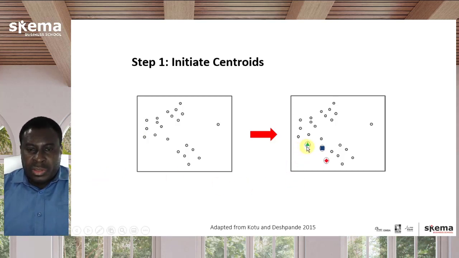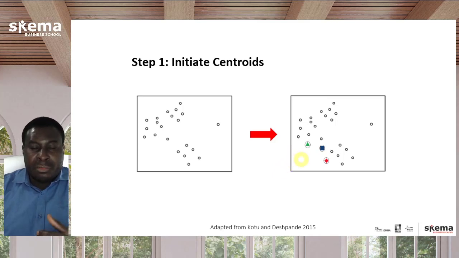We're going to associate the clusters with colors and shapes. So we're going to have a green triangle cluster, a blue square cluster, and a red diamond cluster. The first step of k-means cluster analysis is to initiate what are called centroids. A centroid is a point in space that is the center of all the members of the clusters.